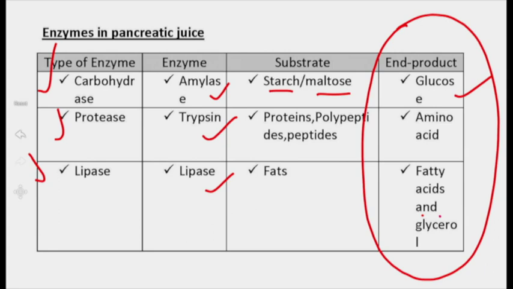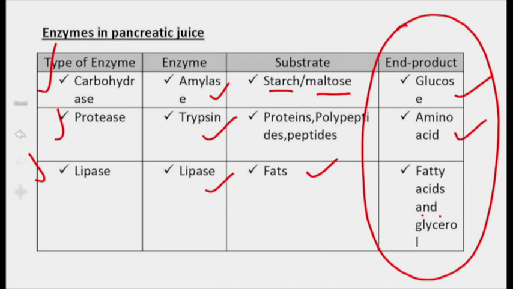So the trypsin will act on that to produce amino acids, which is the final end product of protein digestion.